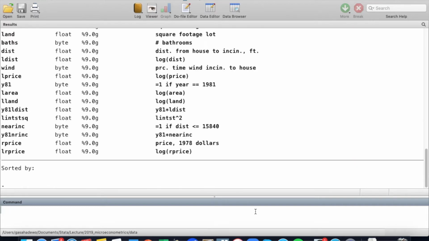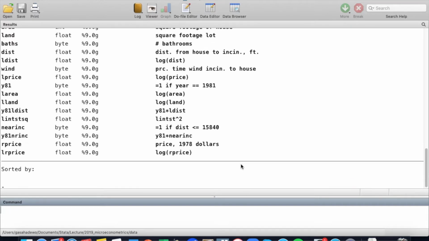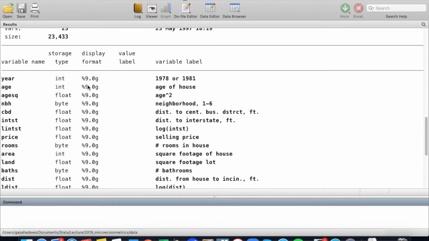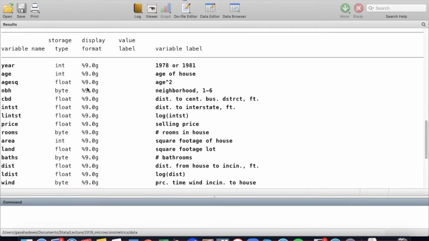When we hit enter, we observe that the KLMC data provides 321 observations of houses and their characteristics, and there are 25 variables that we can use for the analysis. So we can see the variables and the label for each variable.